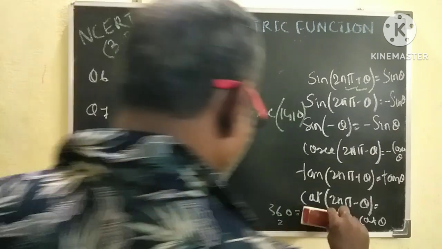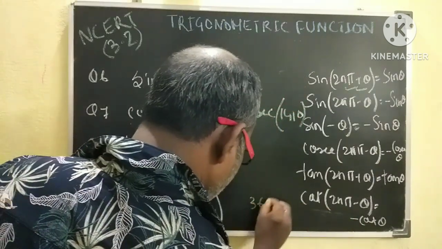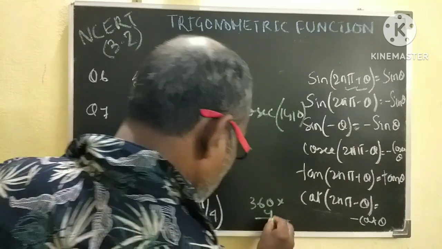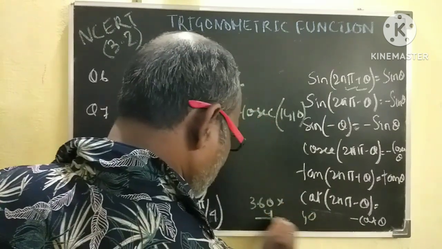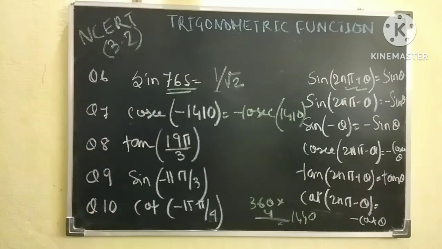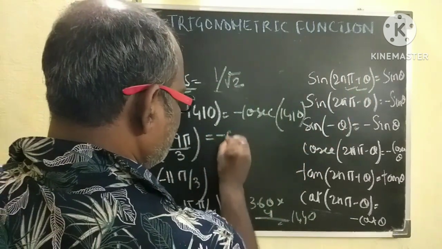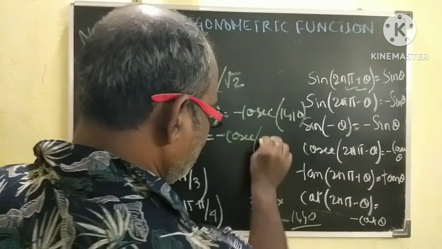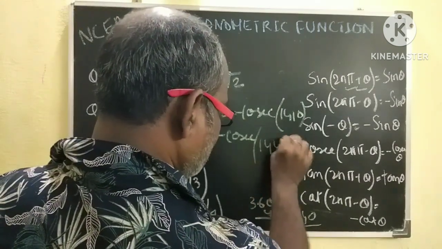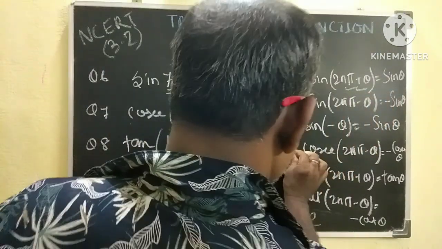Now this 1410 can be written using 360 into 4. 4 6 is 24, 4 2, 4 3 is 12, 13, 14. This is 1440. So we can write minus cosecant of 1440 minus 30.